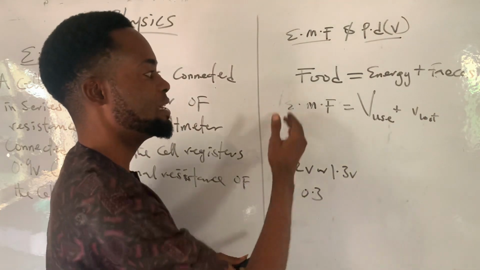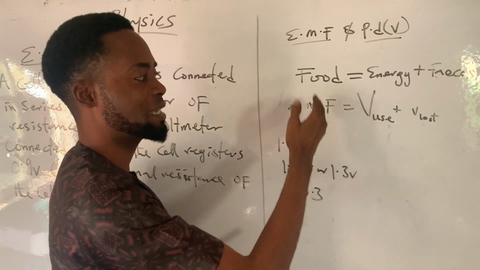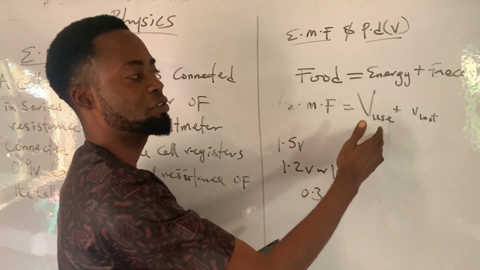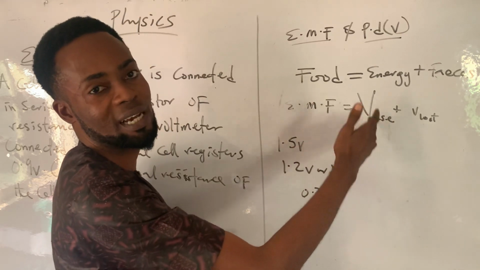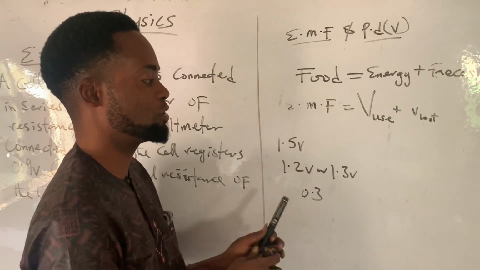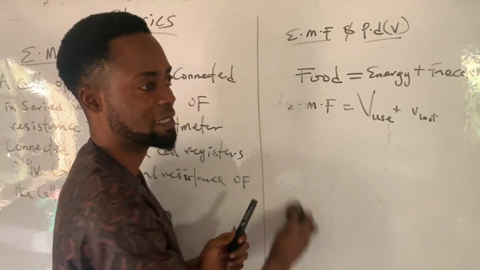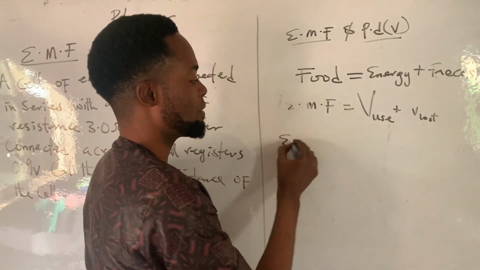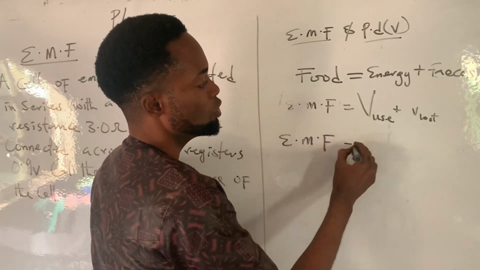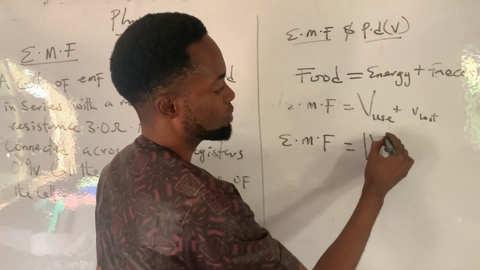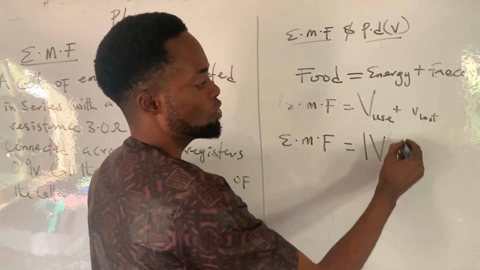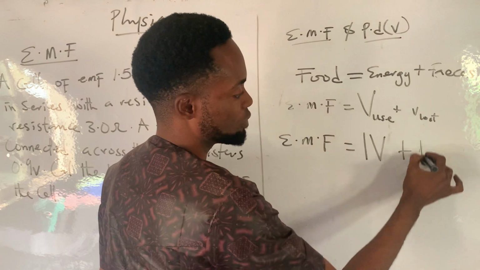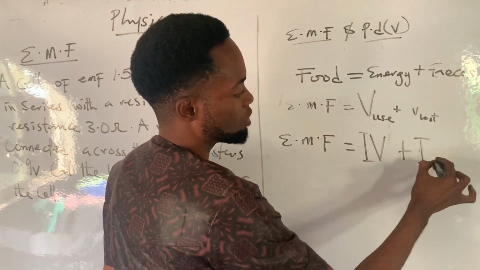So that is why EMF has the same unit as volts, while your useful voltage also has the same unit as volts. I'm just trying to tell you the difference between them, so that when you see them in exam, you have proper understanding. So from here, we have EMF equals IV, our useful voltage is IV. Then the lost voltage is also a voltage, which is I small r.